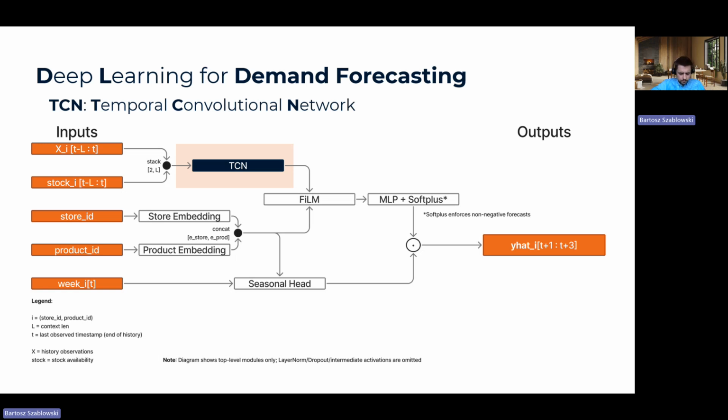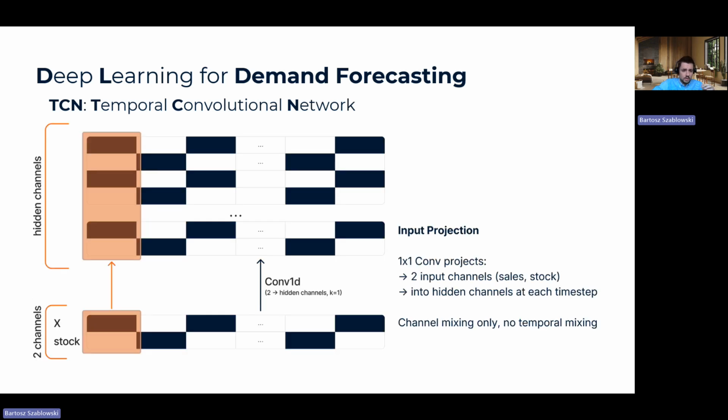The context, meaning the recent sales values and stock availability, are concatenated together, creating a matrix of shape 2 by context_len. The matrix is then passed into the TCN block, meaning temporal convolution network. As I said, the input for the TCN is already the matrix, but we can also think of it as 2 channels arranged as a tensor of shape 2 channels and time, where the channels are sales history and product availability, meaning stock. The first operation is the input projection through convolution.